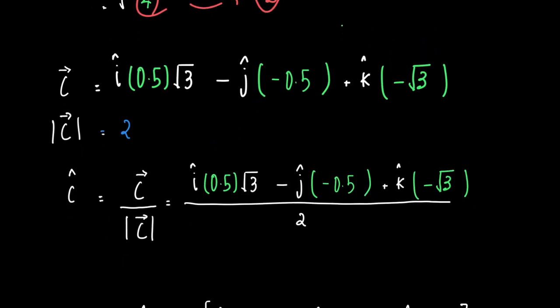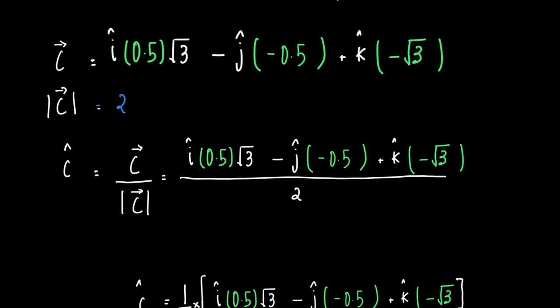Now we have vector C is this, and magnitude of vector C is 2. In which case, what is the unit vector C cap? The unit vector C cap will be the vector itself divided by its magnitude. The vector is 0.5 root 3 i, minus j... plus 0.5 k minus root 3.